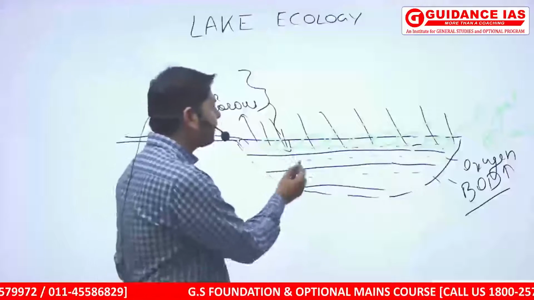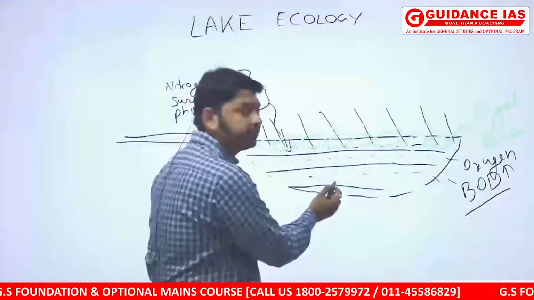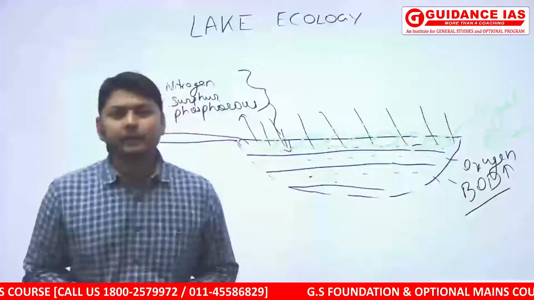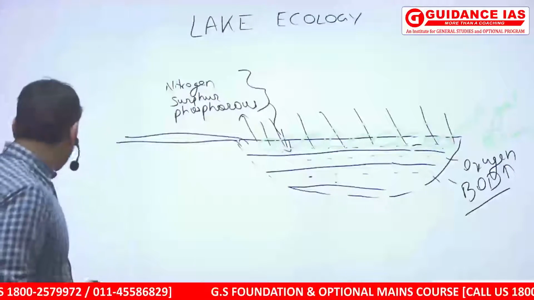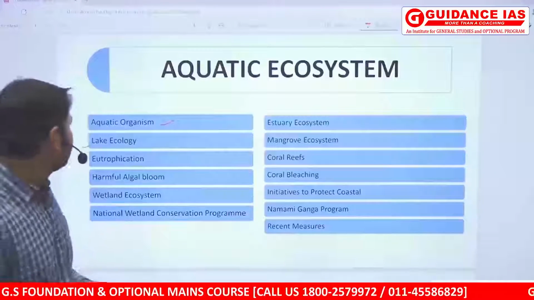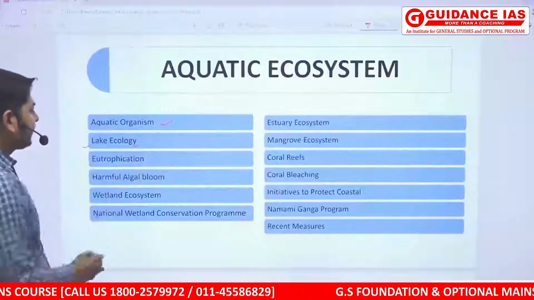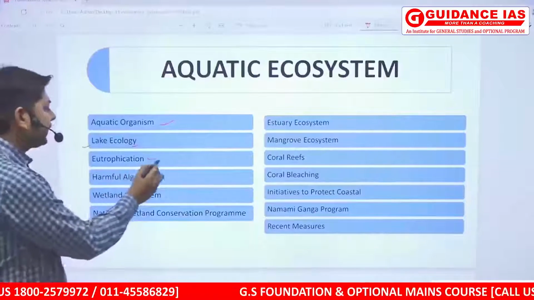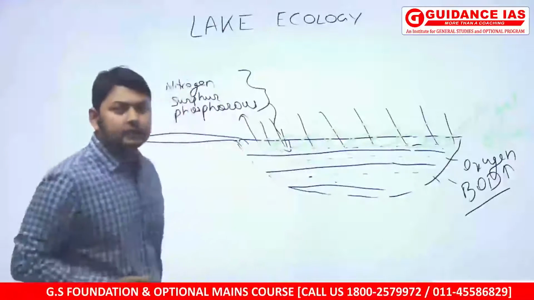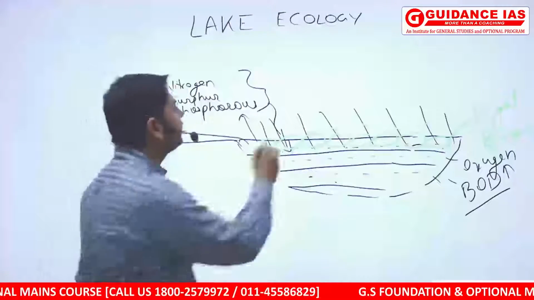Because of this phenomenon, the animals, fishes, etc. of the lower zone start dying, and the lake is converted into a marshy lake or a dead lake because of the dead zone created below the algal bloom. We'll be seeing more of this in detail further. Next we have eutrophication. This phenomenon of a lake getting nutrient rich is called eutrophication.